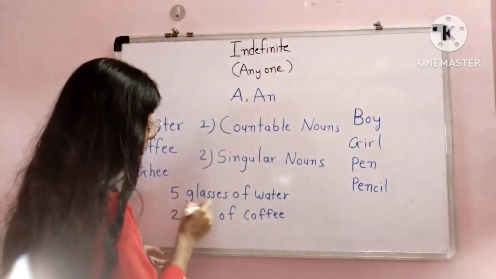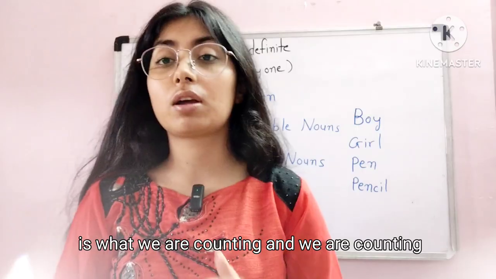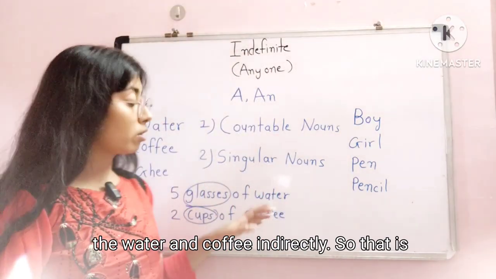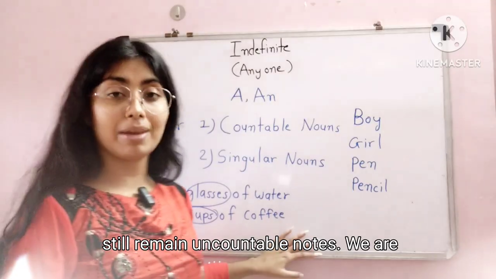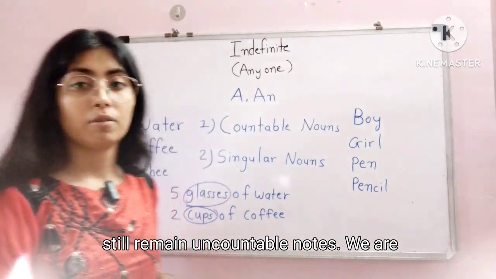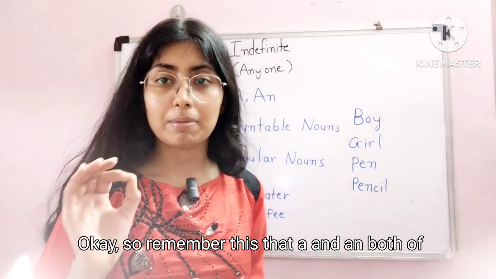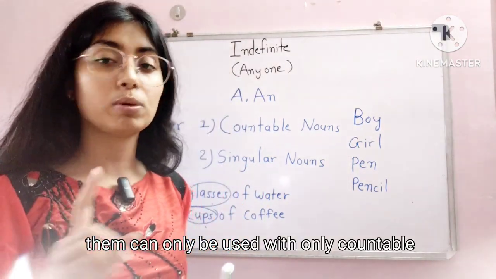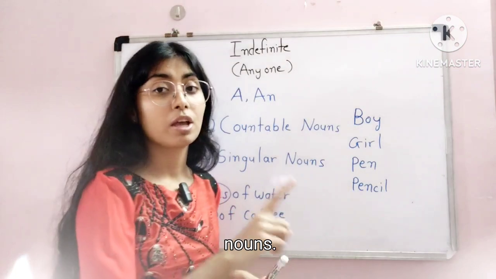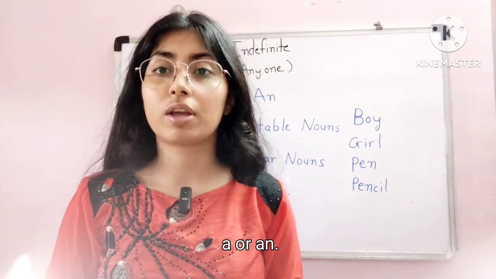What we are counting is the number of glasses and the number of cups. That's what we are counting. And we are counting the water and coffee indirectly. So that's why they still remain uncountable nouns. We are counting glasses and cups. Okay. So remember this, that a and an, both of them can be used only with countable nouns. If the nouns are not countable, we cannot use a or an.